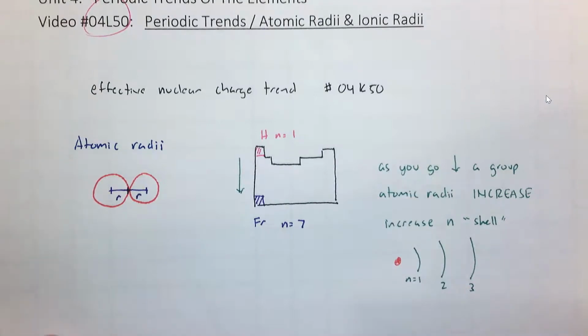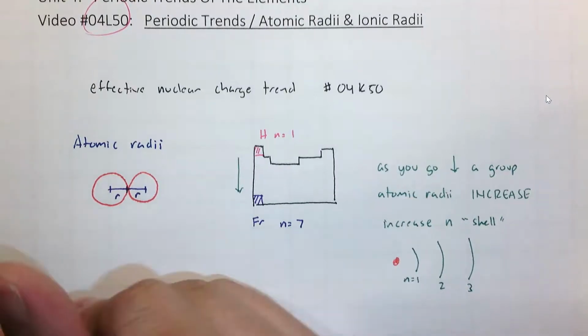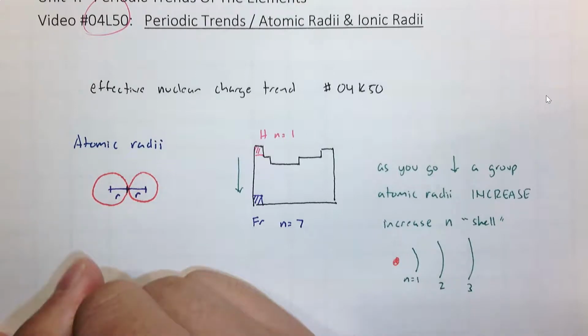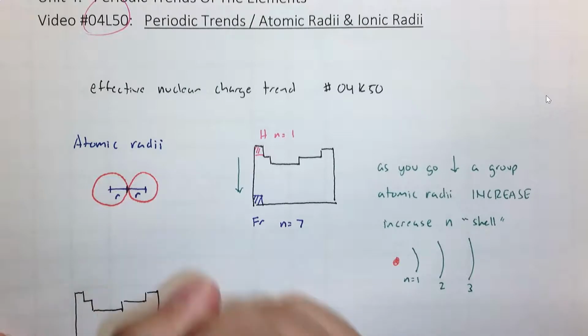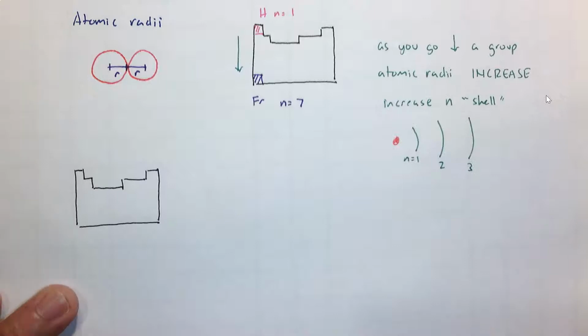The next one is a little bit counterintuitive. Let me draw us our little periodic table again. And let's read the periodic table from left to right.